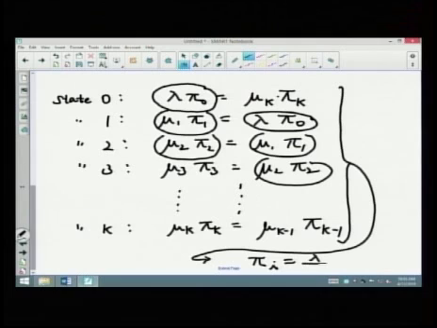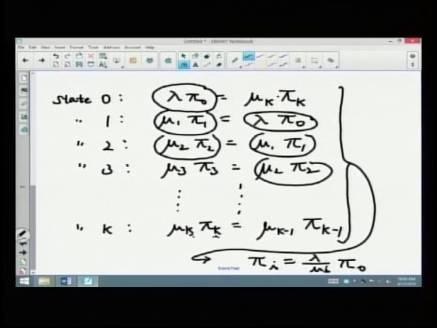Lambda over mu I times pi 0. Is that correct? So what I did is, instead of k down here, I used I. Okay?